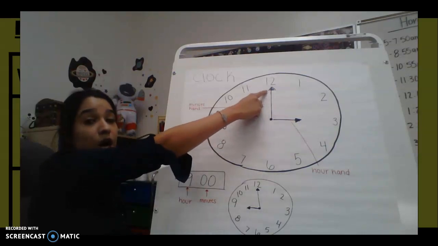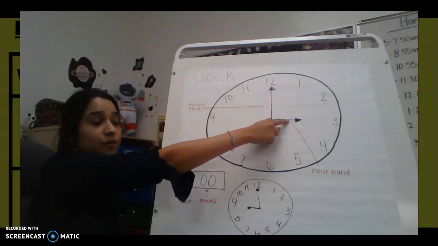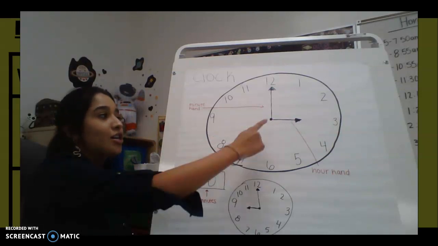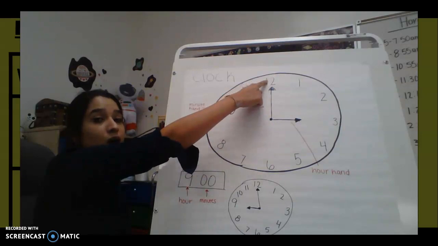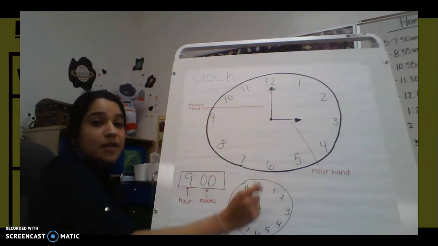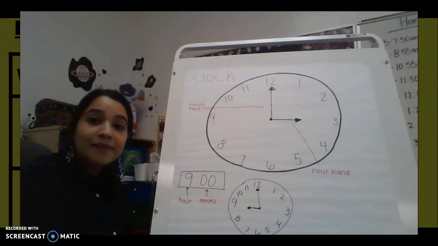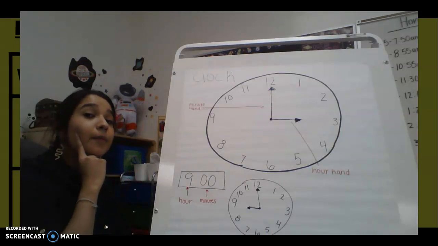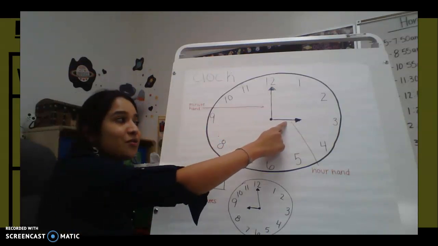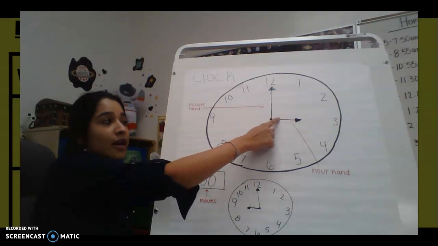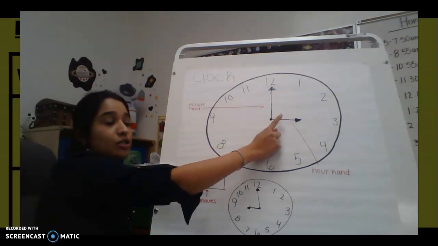Is it the long one or the short one? Good job. It's this long one. The long one is the minute hand. Great work. And which one is the hour hand? It's this short one. Good job. So the hour hand is the shortest one.